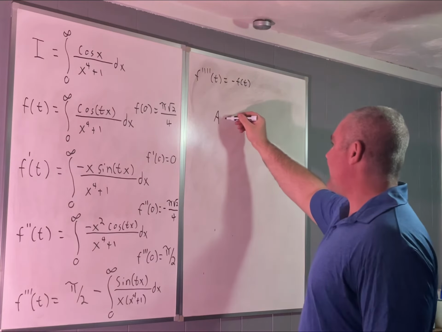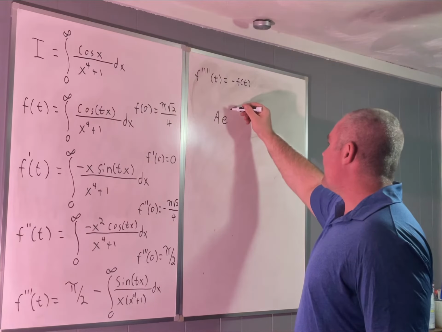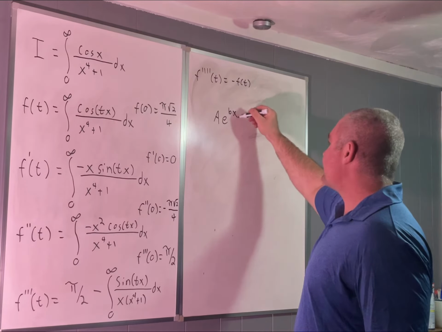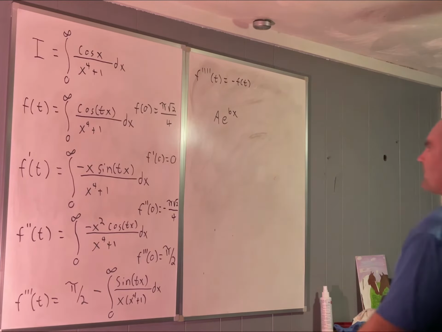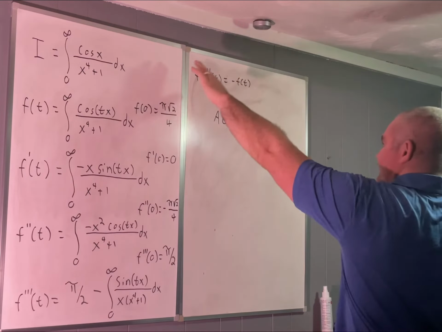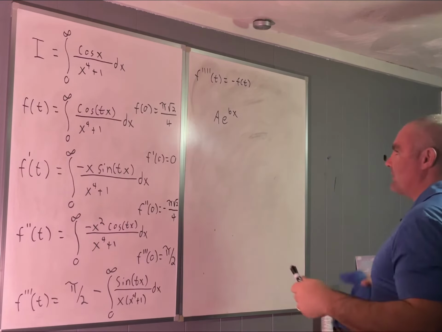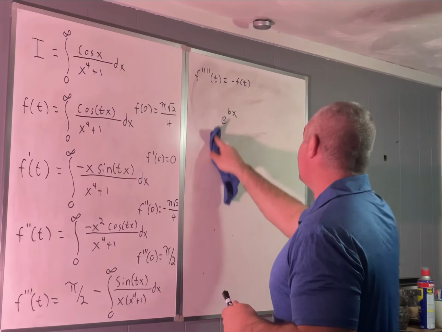Some constant a times e to the, we'll call it little b of x. That's a very general type of exponential. And of course, since we'd be taking derivatives to try to match these up, we can just really get rid of that a, since it can be just added on at the end anyway.